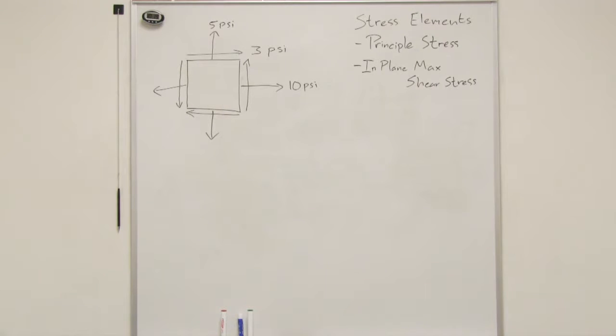So now we're going to look at something called a stress element. You can imagine you have something, we'll say a pressure vessel or anything really, and you have certain stresses being applied to it.